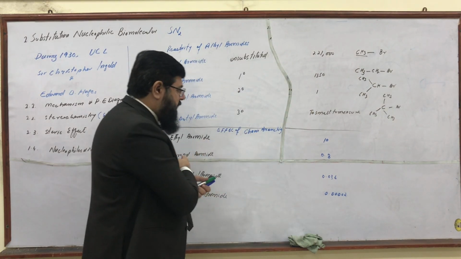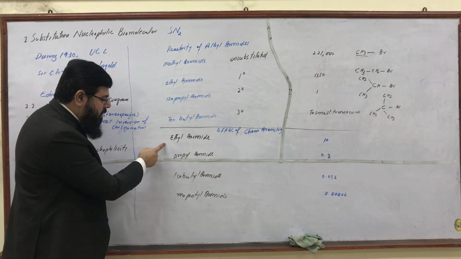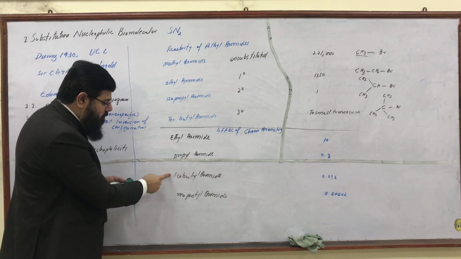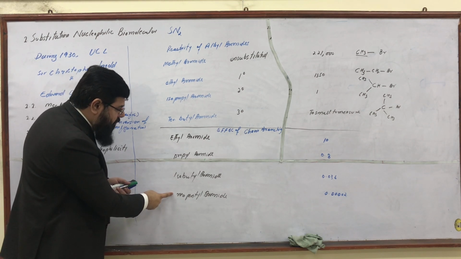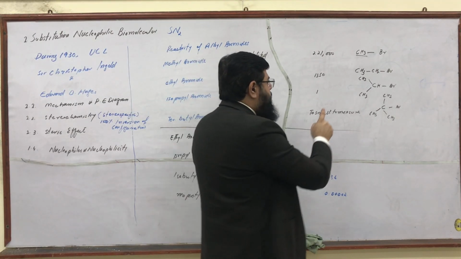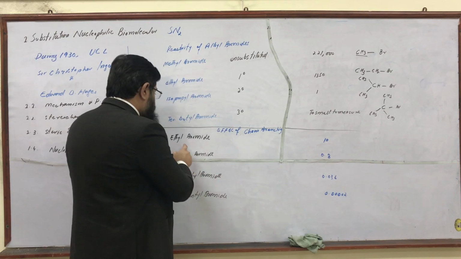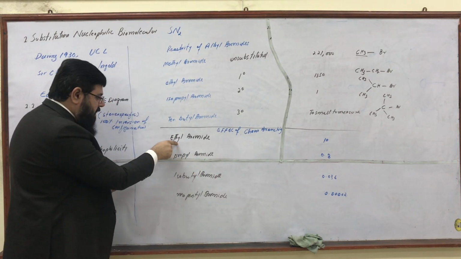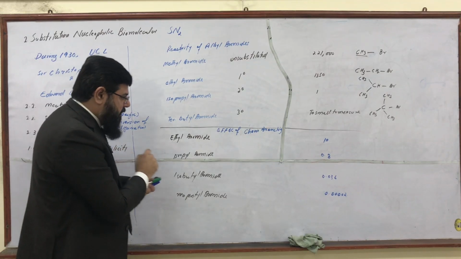Another set for comparative analysis is here: ethyl bromide, propyl bromide, isobutyl bromide, and neopentyl bromide. In this case, the substitution is not directly on this carbon. Actually, we are extending the carbon chain, but the branching is at some other place.